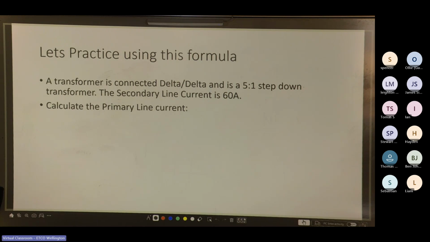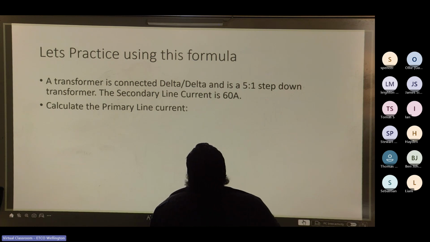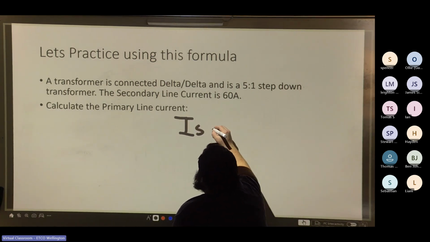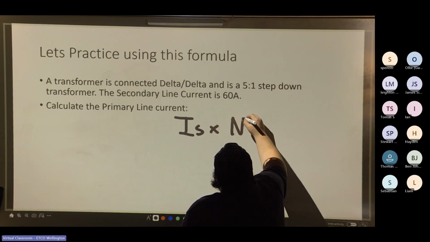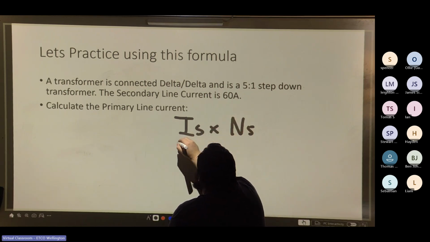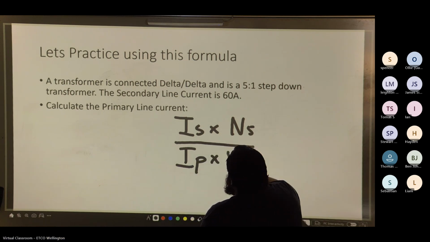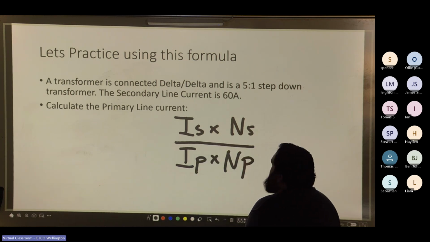From what we were talking about before, we know that IS divided by IP equals NP over NS. So we can swap that round and rearrange it to I secondary times the number of turns secondary equals I primary multiplied by the number of turns in the primary.